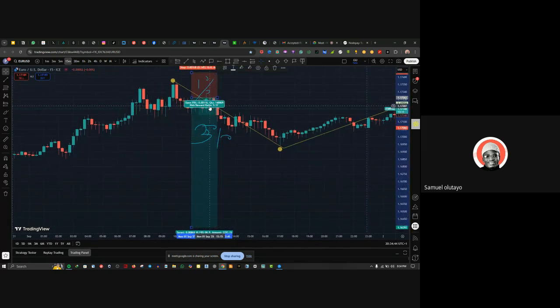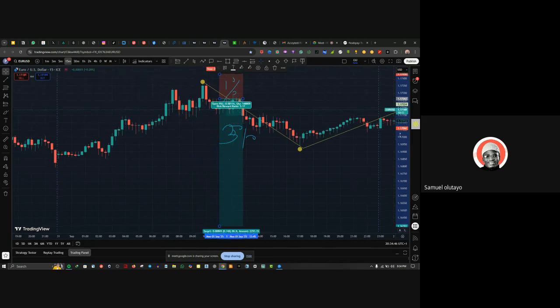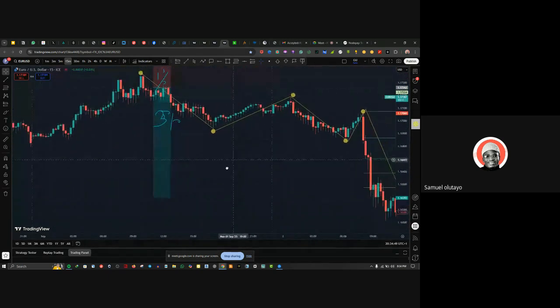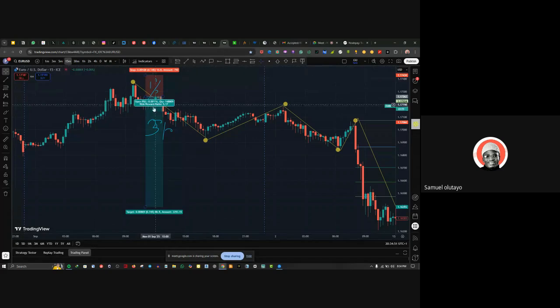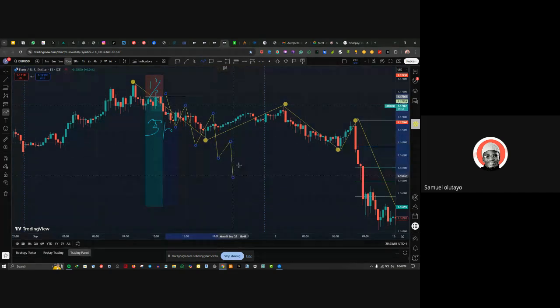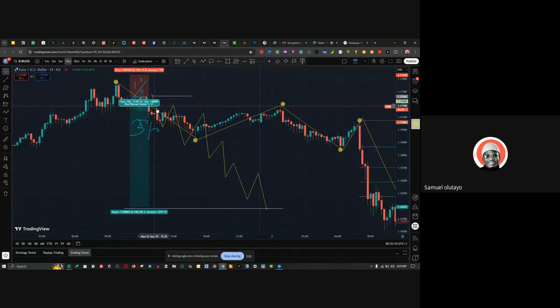If you drag it longer, this is 1 to 5.17, meaning that if the market was to start from this point and then it trades down, it does an up-down movement, up down, up down, and it clears this point where I said the market is going to stop, that means once I risk my 1%, I'm going to be making 5% on that trade.